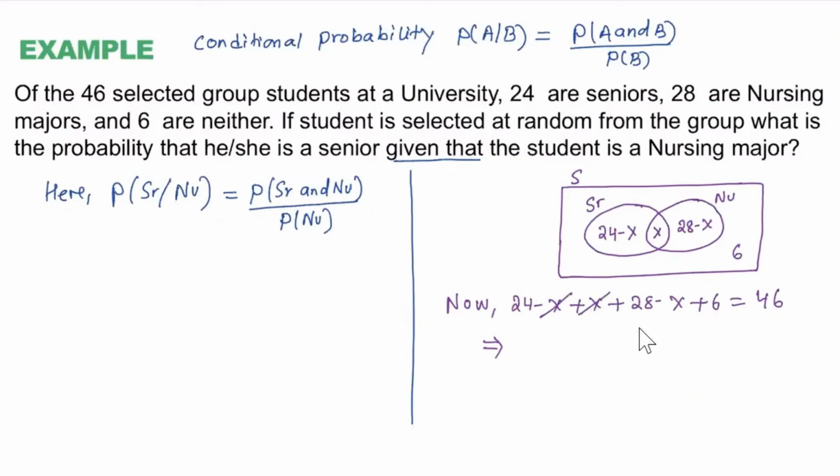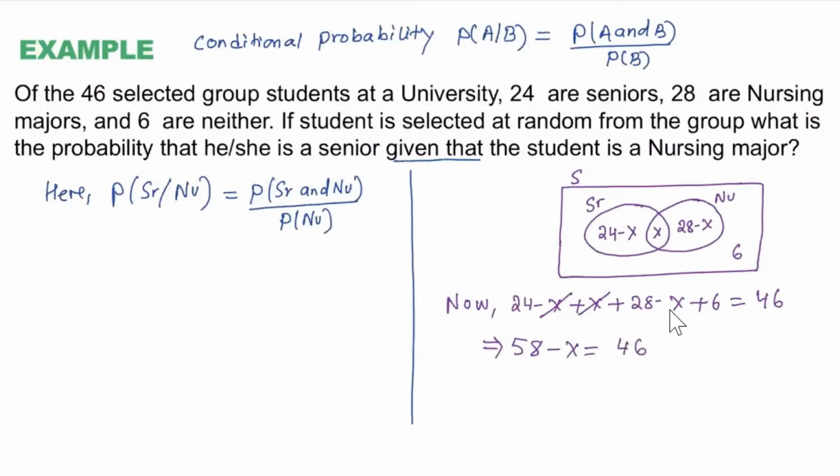You have 24 plus 28 plus 6. Please add those numbers. If you add these three numbers, what do you get? Is it 58? Yes. And then there is a minus X on the left-hand side, which is equal to 46 on the other side.